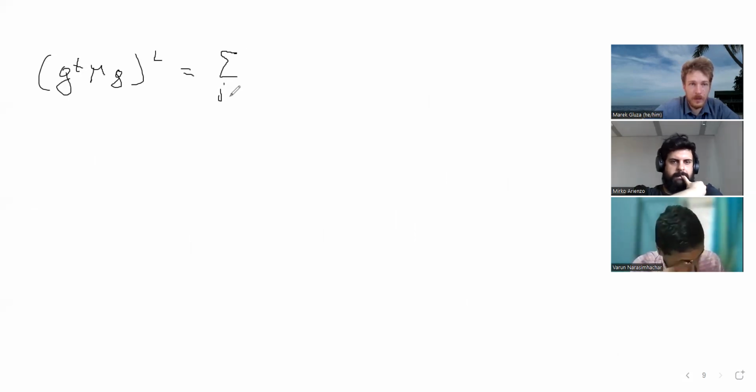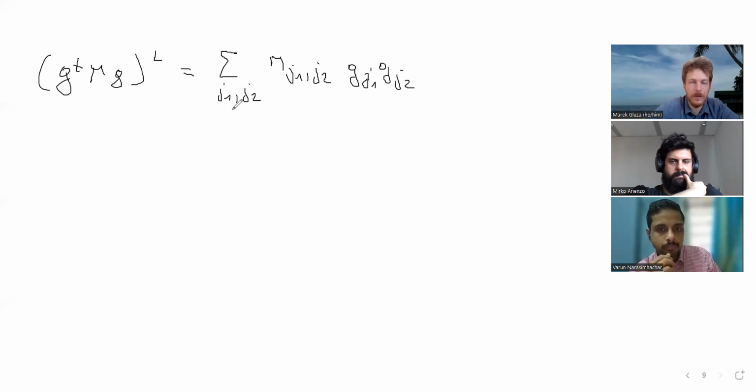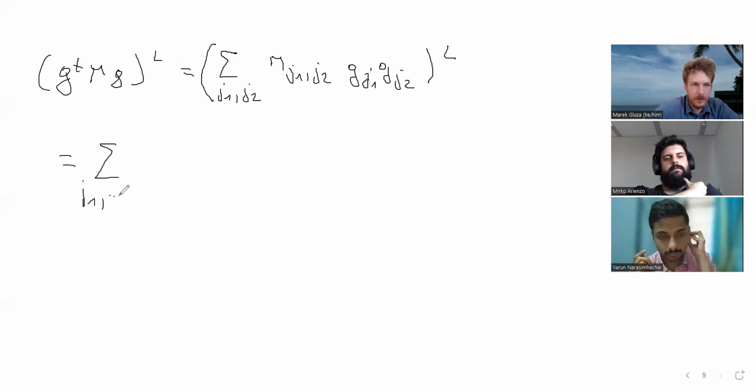So I'm summing over j1, j2, M_{j1,j2} G_{j1} G_{j2}, okay? And now I need to take it to power L. So I do that by summing from j1 until j_{2L}. Why?